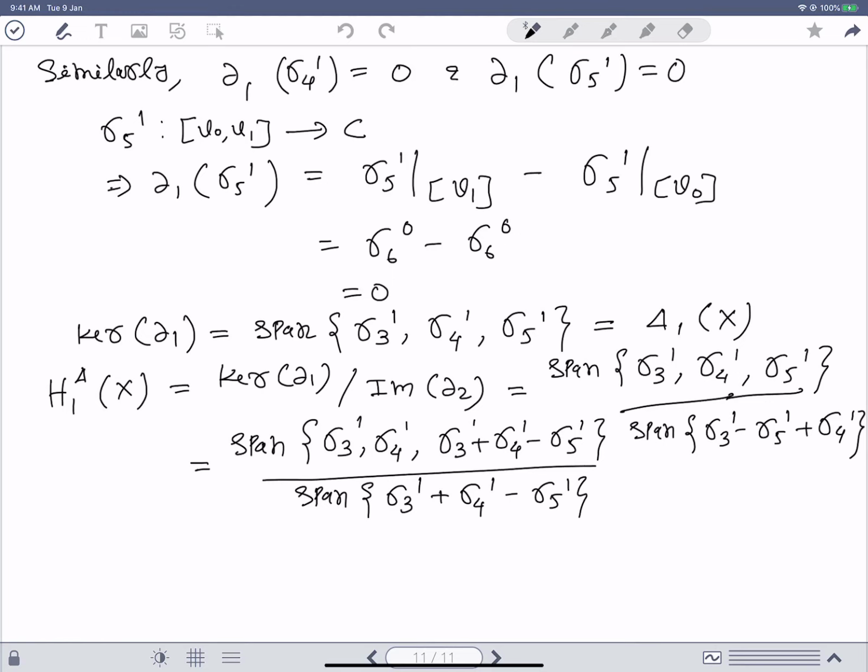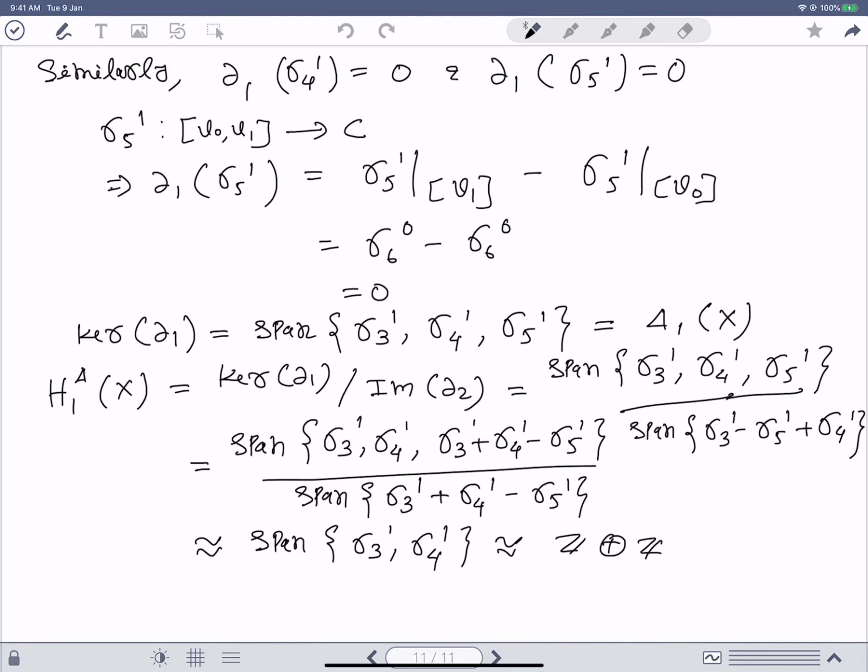Since one basis element is the same, this is isomorphic to the span of sigma 3, sigma 4, that is it is isomorphic to Z direct sum Z. Fine, so we get H1 of x, that is the first homology group of x.